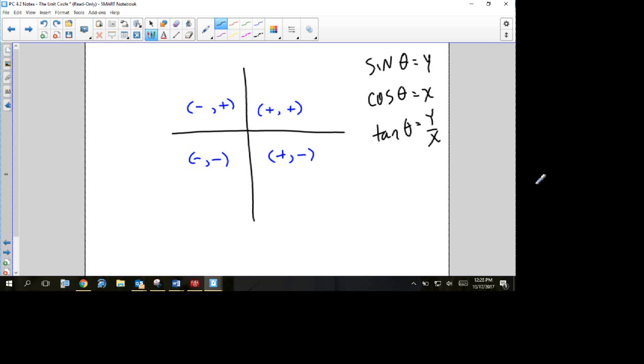Anywhere you go like this, y is positive. So I know that sine is positive in quadrants 1 and 2, and I'm writing it down this way on purpose. Cosine is x. Where is x positive? Katie. 1 and 4.